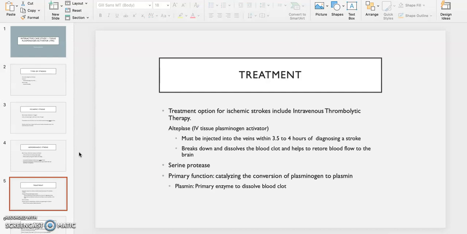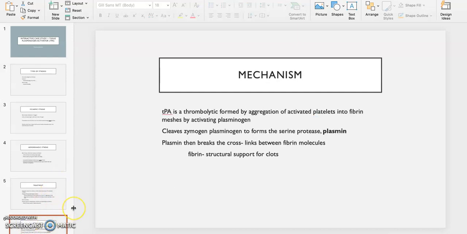The tPA is a serine proteinase, and its primary function is to catalyze the conversion of plasminogen to plasmin. And plasmin is the primary enzyme to dissolve blood clots. So what happens when tPA is used?